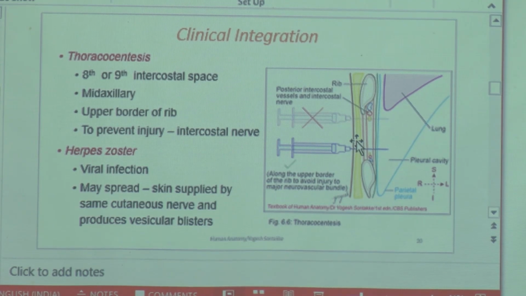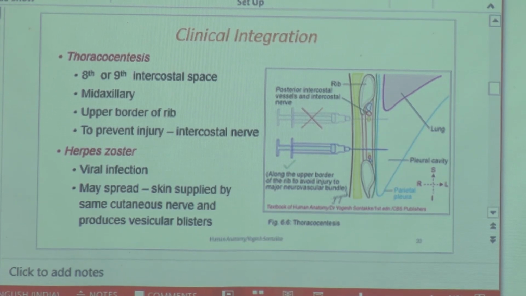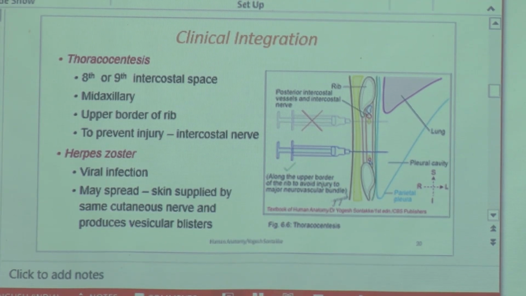So the needle should be placed in the lower part of the intercostal space. This is right and this is wrong. Collateral, we are not concerned with the main nerve. Actually, safely, we have to go through the middle.